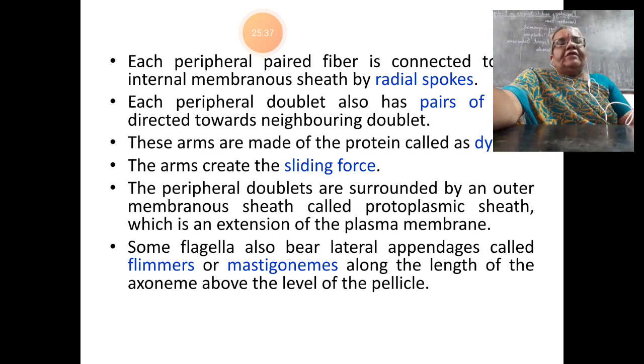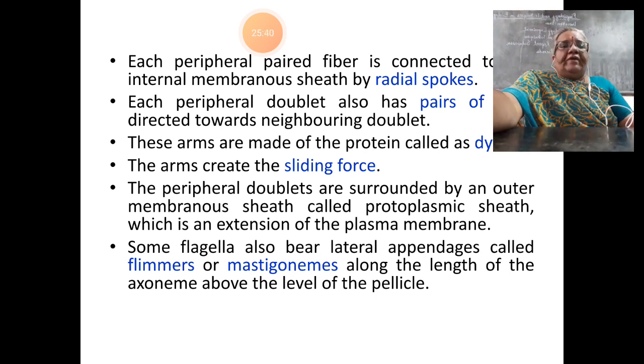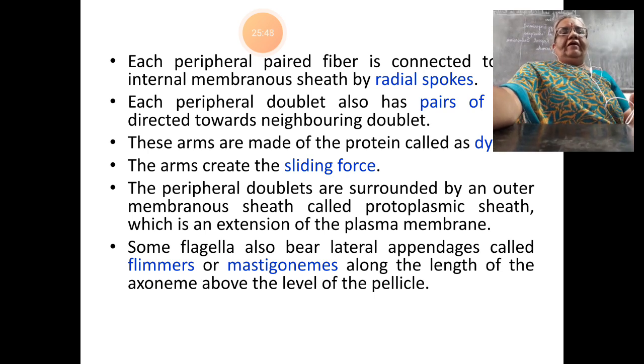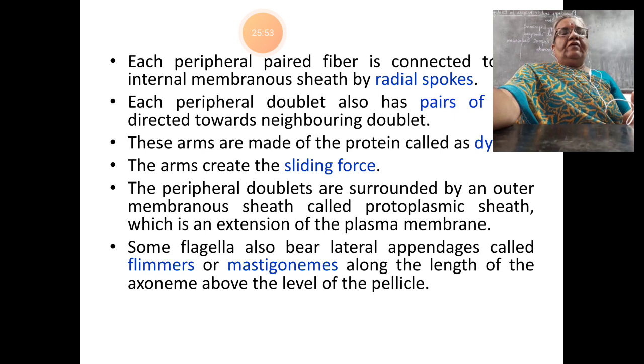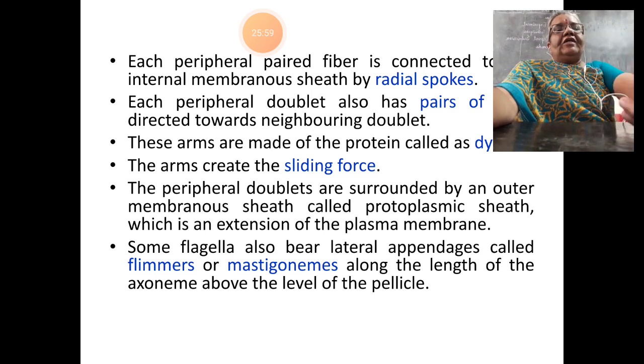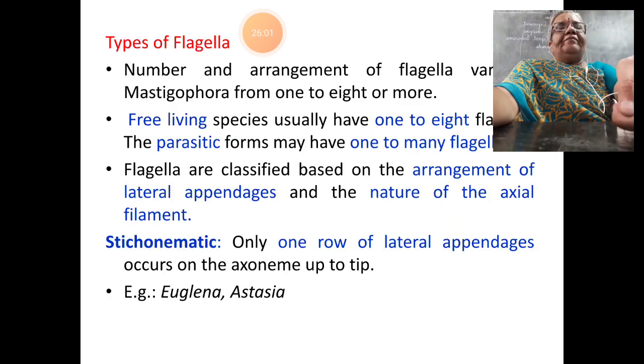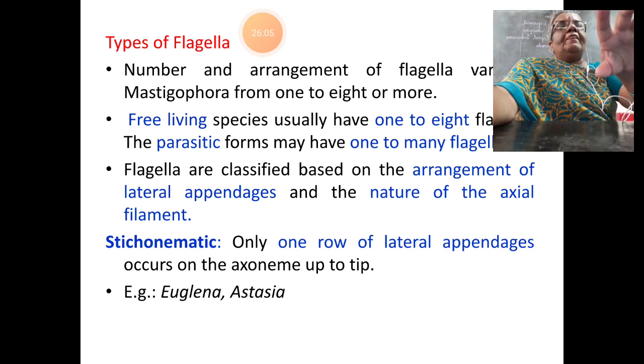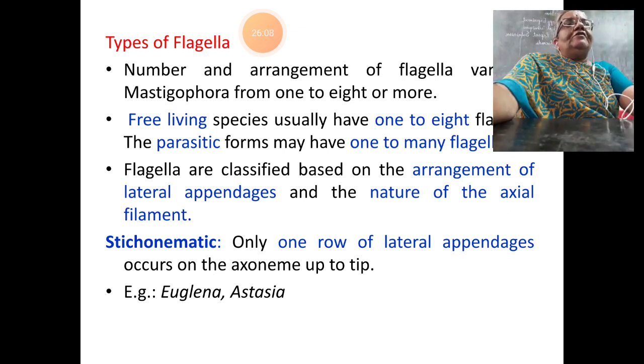Other than this, some flagella also bear lateral appendages called flimmers or mastigonemes along the length of the axoneme above the level of the pellicle. When I show you the diagrams, it will be very clear. Based on that, you can classify the flagella into different types.